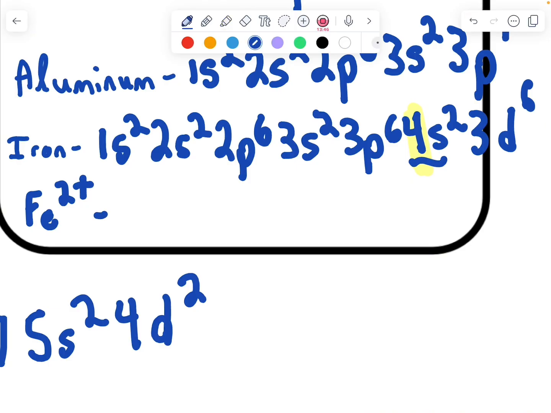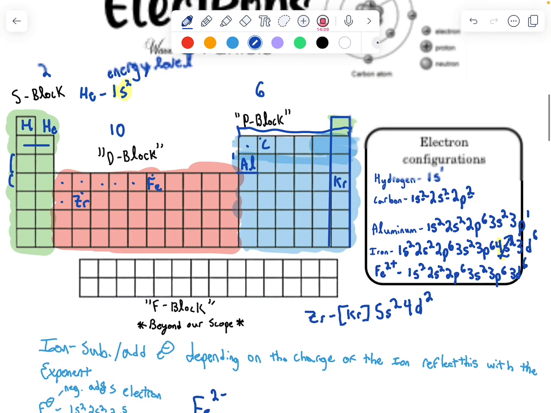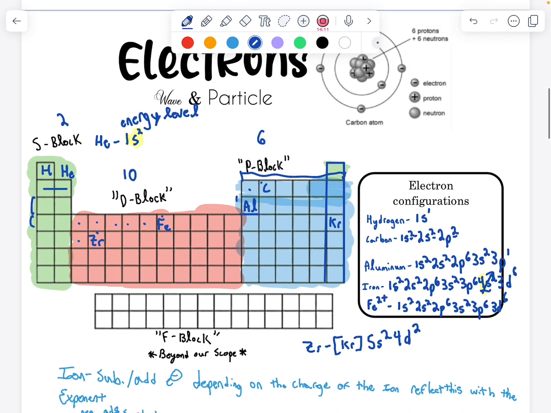So instead, we're just going to subtract these 2, take them out basically, and since we have 2, that whole energy level cancels, and we have 1s2, 2s2, 2p6, 3s2, 3p6, and 3d6. And that is, in summary, electron configurations and some abbreviated electron configurations.